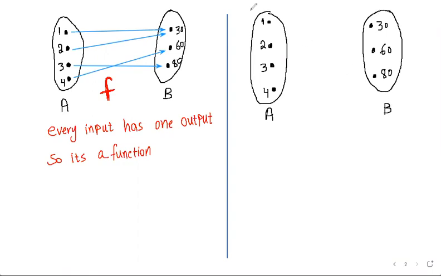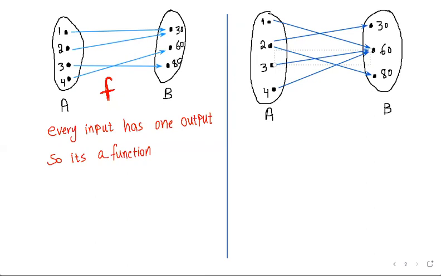This is my set B. Here I draw it again in a different color. 1 goes to, for example, 60, and 2 goes to 30, and again 2 goes to 80, 4 goes to 60, 3 goes to 60.